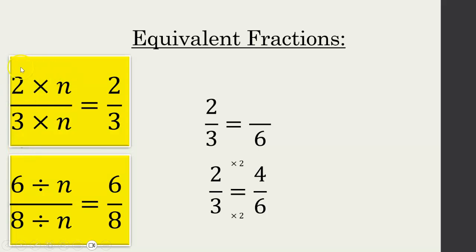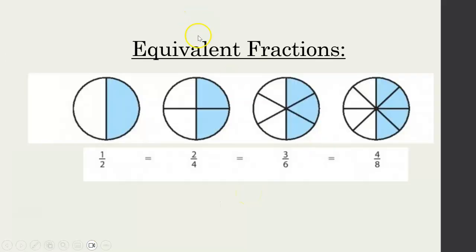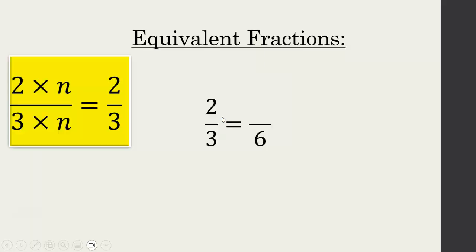I have to do it to both the bottom and the top. So I've multiplied 3 by 2. I also have to multiply 2 by 2. So I get 4 over 6. So 2/3 is equivalent to 4 over 6, or they're equal. They're exactly the same. If I were to do the circles for them, I haven't actually done them out, it would be exactly the same amount shaded in.